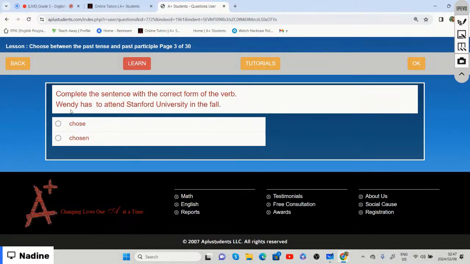Let's do the last one. We need to complete the sentence with the correct form of the verb. Wendy has, do we say Wendy has chose or Wendy has chosen to attend Stanford University in the fall?